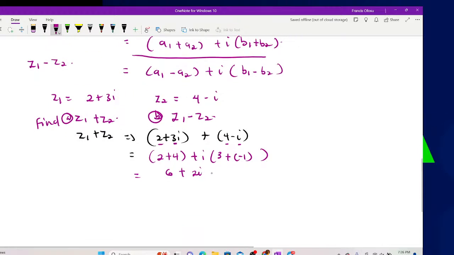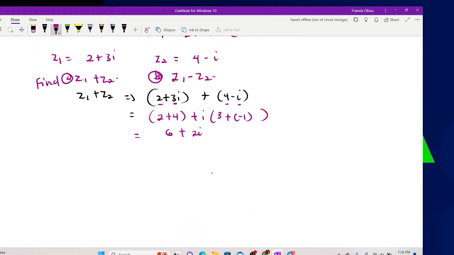Using the same values for Z1 and Z2, let's find Z1 minus Z2. This will be equal to 2 plus 3i minus 4 minus i. At this point, I can refer to the general formula I quoted.